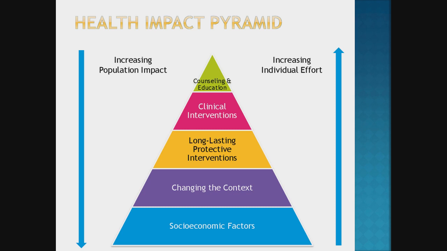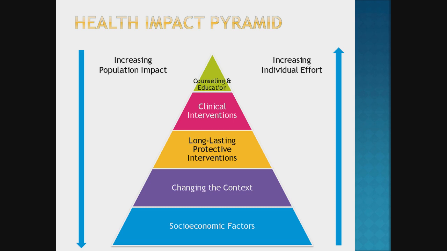In the middle of the pyramid is long-lasting protective interventions. This includes things like vaccinations, screening, and other interventions that help prevent disease. But still, people are required to do something or make a choice in order to benefit from these interventions. As we'll talk about programs today, they typically fall in one of these three levels of the pyramid, and we'll come back around to that as well.